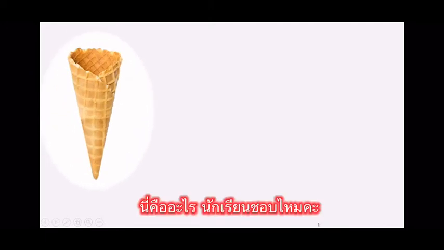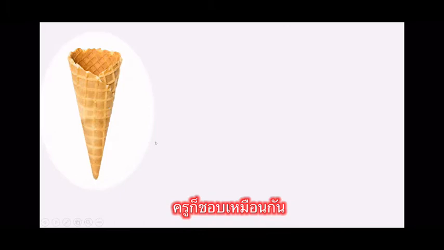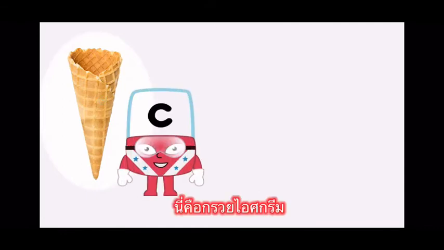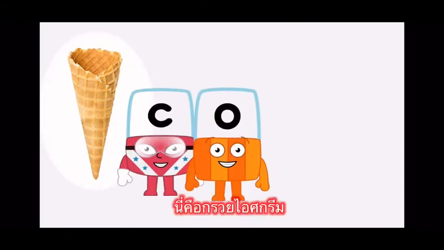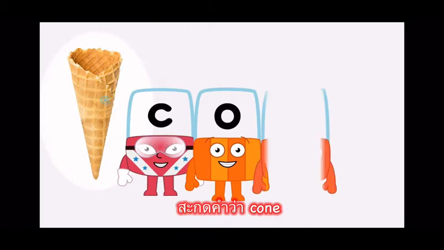Next, we have, what is this? Do you like this? Oh, I like this too. What do you call this one? This is what? An ice cream cone. This is a cone. Spell the word cone.